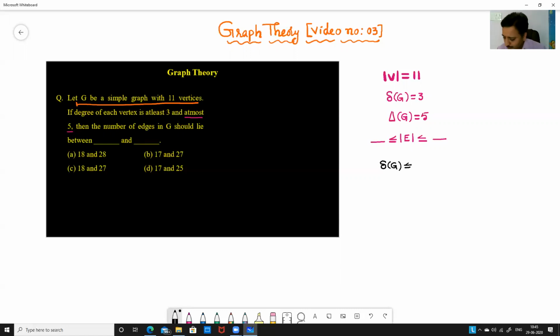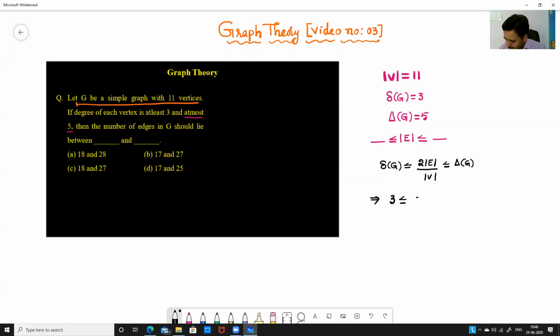So it is 2 times the number of edges divided by the number of vertices, which is less than or equal to the maximum degree of all vertices, that is capital delta of G.